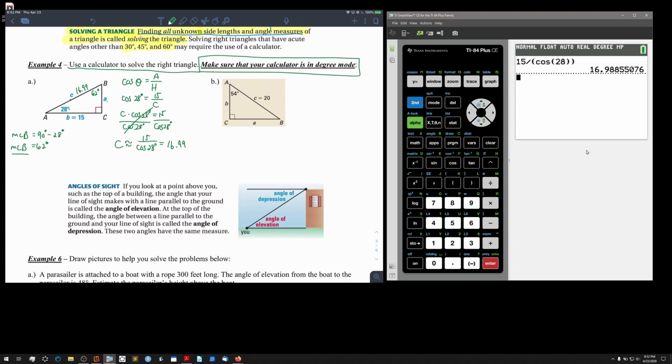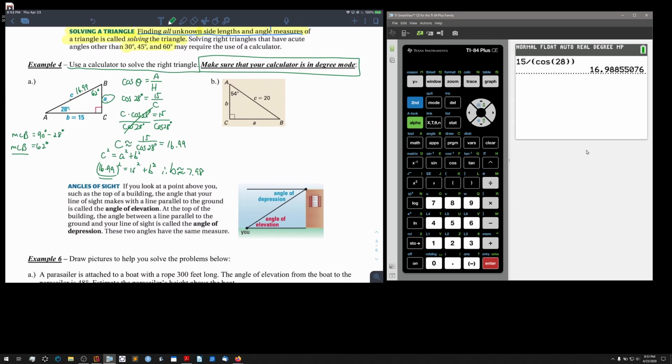So if I use Pythagorean theorem to find that missing side A, I'm going to do C squared equals A squared plus B squared, and I'm going to say C is 16.99 squared equals 15 squared plus B squared. I think you understand how to do that. So if you do this, you get B would be approximately 7.98, I think is what you get.